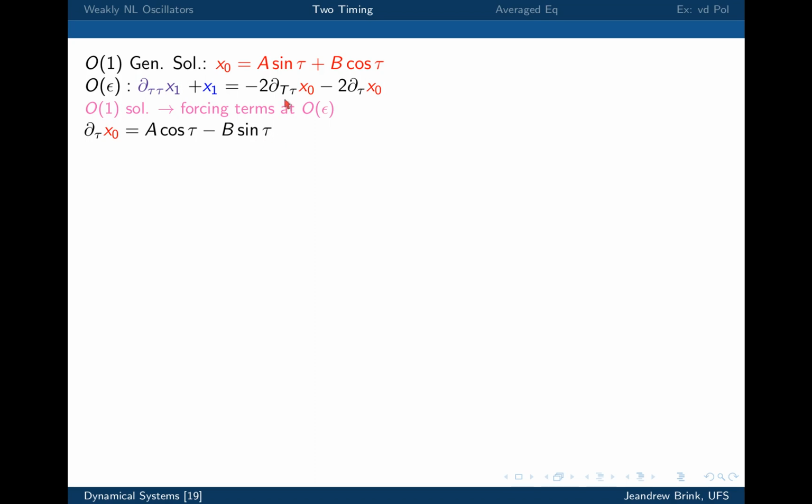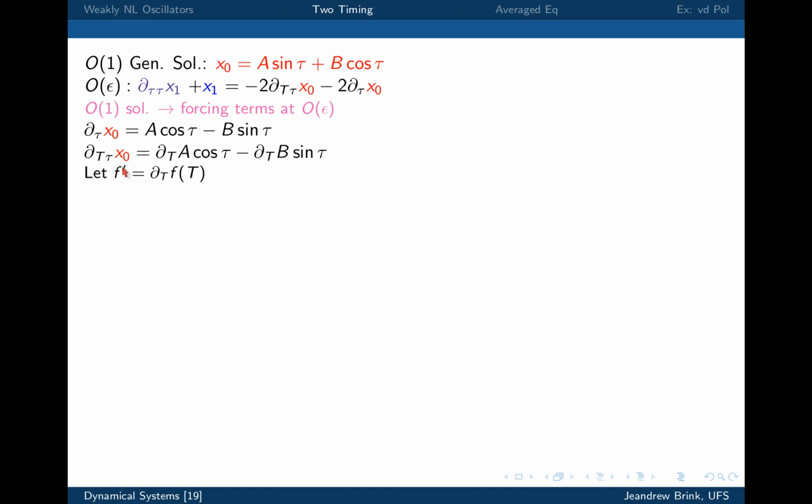But we also want to compute the slow time derivative of that, and to be able to do that, you need to remember that a and b are functions of the slow time. So you have the derivative with respect to big T and tau of x0, which is dA/dT times cos tau minus the slow time derivative of b times sine tau.